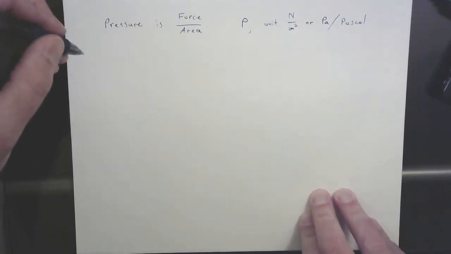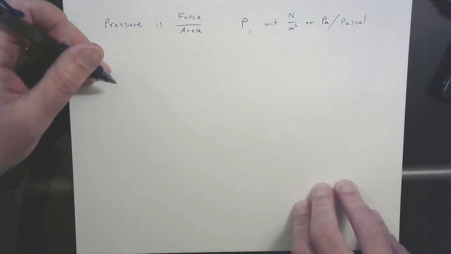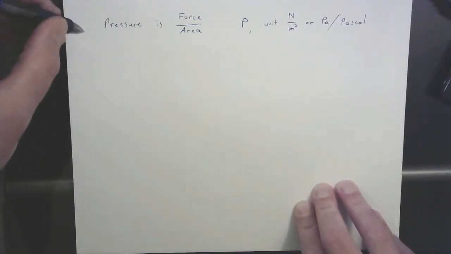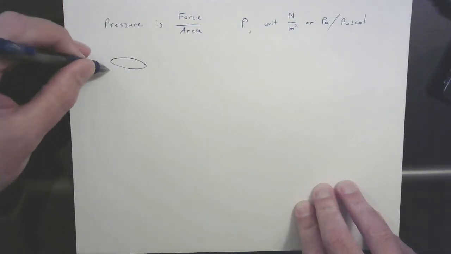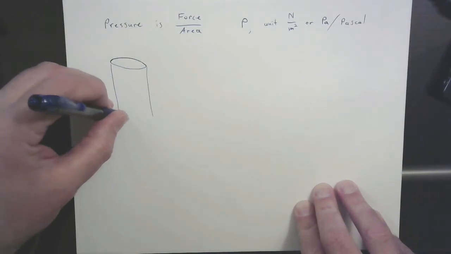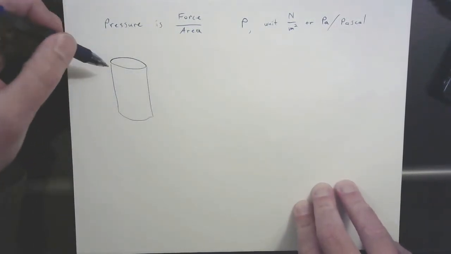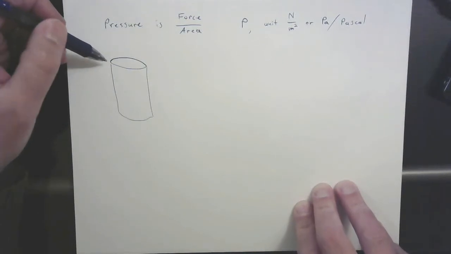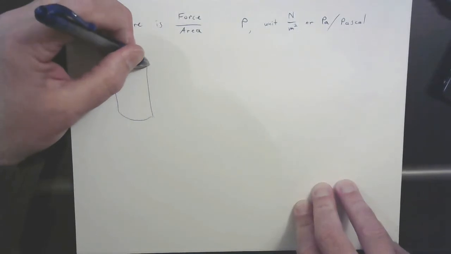So let's set up some fluid. Like, let's think of water. It's always easier to think of water. And then you don't need a container, but it's easier to think of it as if you had a container. So let's put a cylinder and let's just fill it with water. So this is a beaker full of water all the way to the top. So the water surface is there.